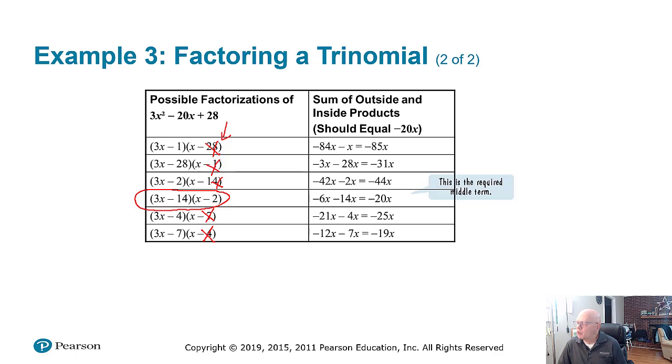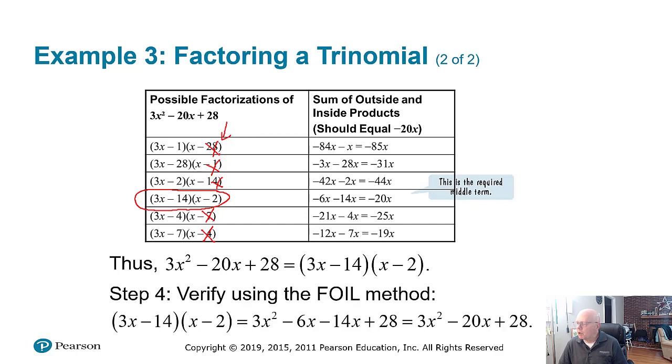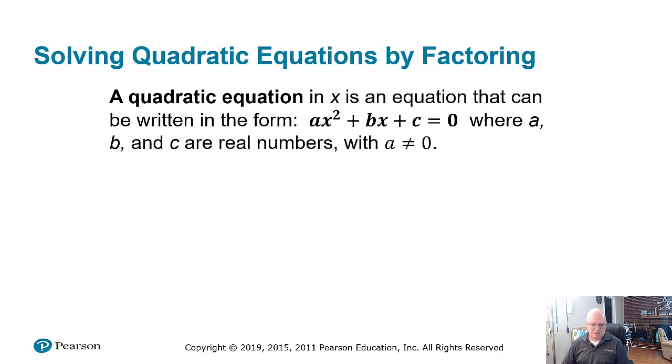Only one is going to work. So you have to keep trying with those factors of C to find out which one works. So we've got it. Multiply it. And this is good. So check. It's good.